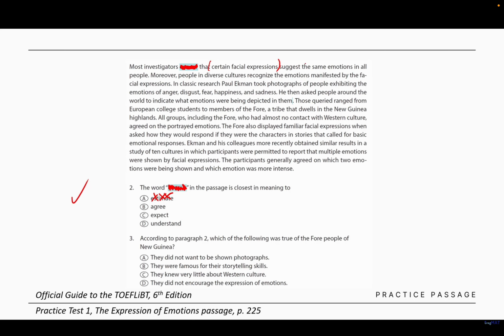Now, let's imagine right after this sentence, they say, however, experts disagree. What if they said something like that? Then in that case, what would the answer be? Agree. It would be agree. But in this case, I don't see that anywhere. So honestly, you could probably eliminate expect from a usage point of view, but in this case, you might have to do a 50-50. Now, this is why we tell the TOEFL students to do what?